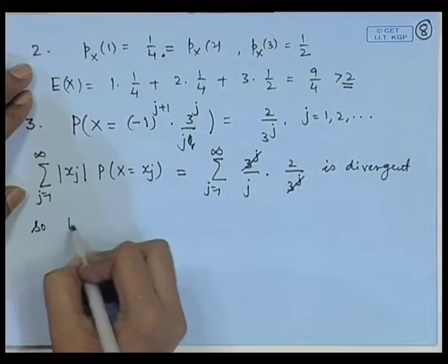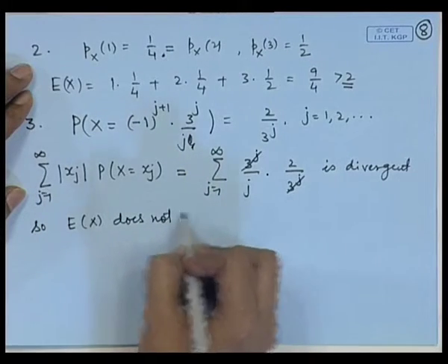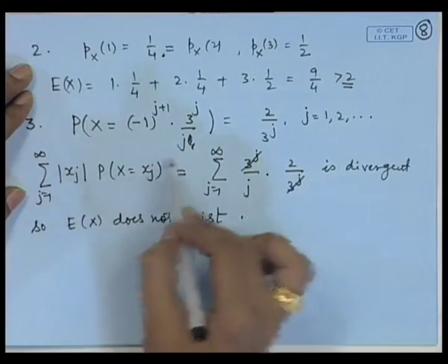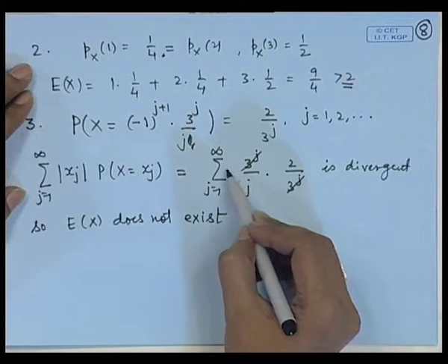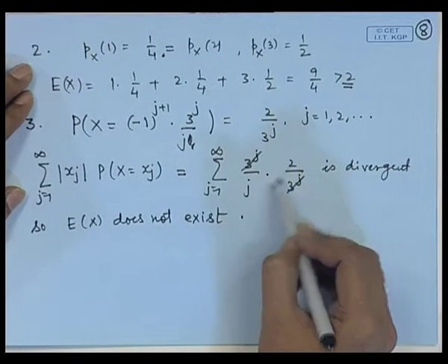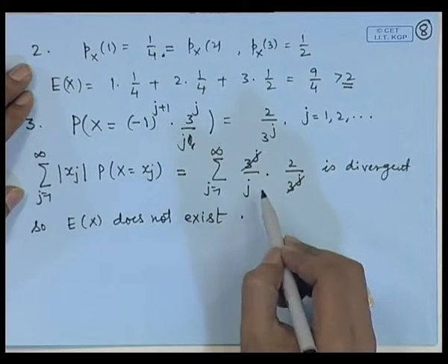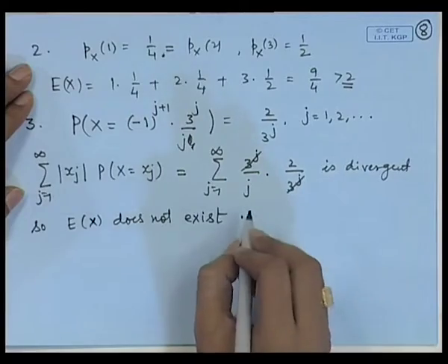So, expectation of x does not exist. Although one may write sigma x_j probability x equal to x_j, and here you will get (-1)^(j+1) 2 by j, which has the value log 2, but it is not absolutely convergent. Therefore, expectation of x does not exist here.